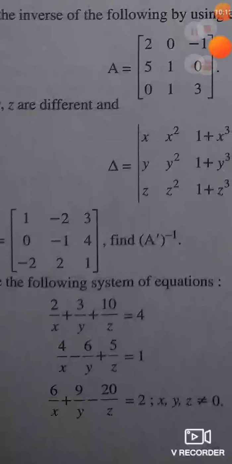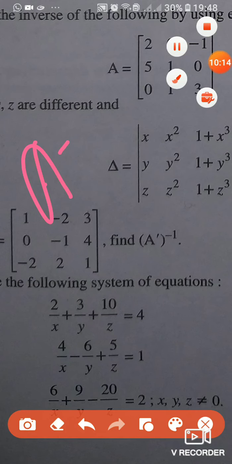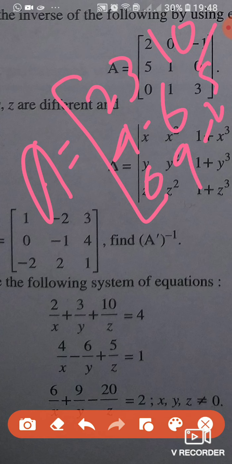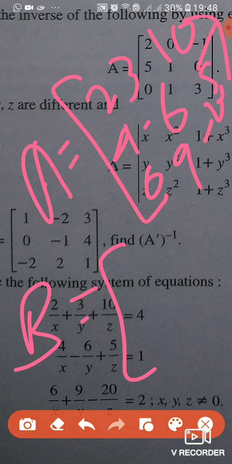Like A equal to 2, 3, 10, 4, minus 6, 5, 6, 9, minus 20. Matrix B equal to 4, 1, 2.